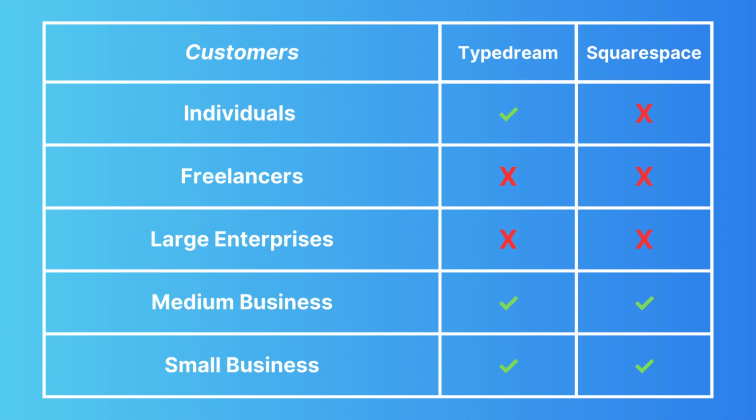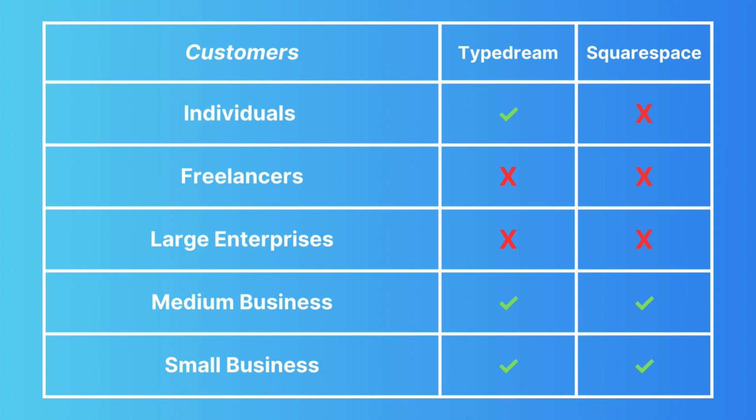Freelancers can go to Typedream as well as Squarespace, though I would rather choose another website builder. Large enterprises cannot go to either, because they do not offer what a large enterprise needs. Medium and small businesses can go to Typedream and Squarespace.